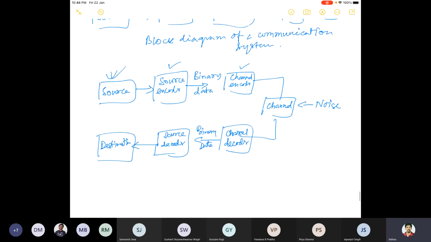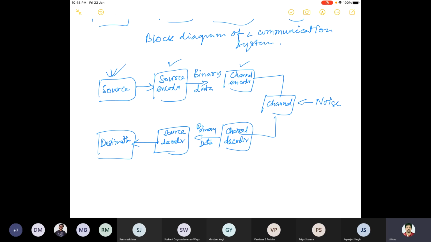So the job of the source encoder is to encode the message or the information using some binary digits. Now, in this kind of system, what is our primary concern?